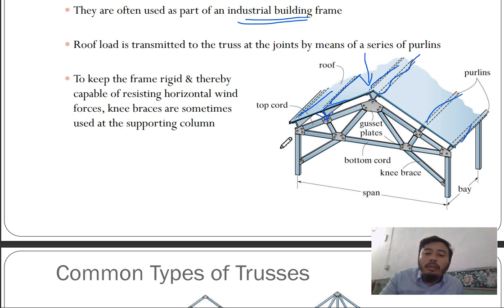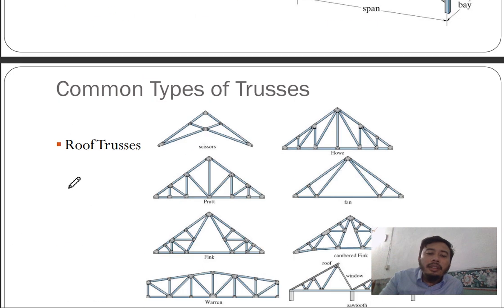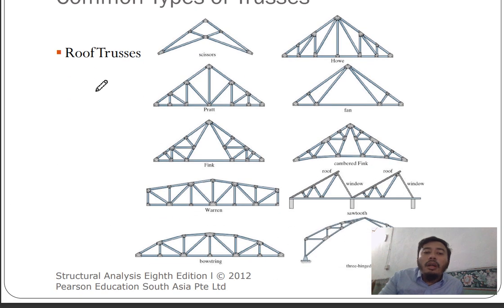So this is knee braces, because you might be afraid that the bottom truss here would give way like this. You're afraid this will happen, so you add knee braces. Common types of roof trusses. This is from the book.